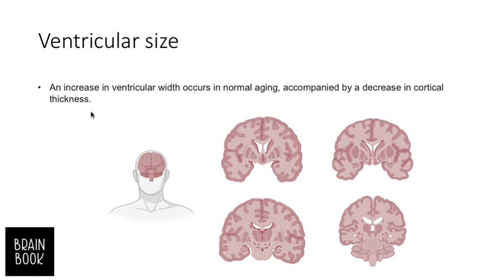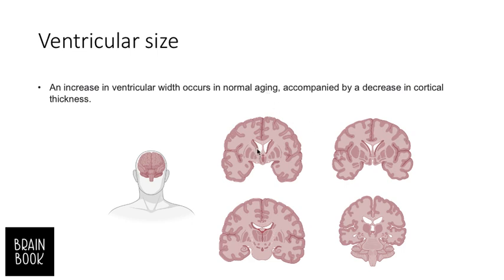As we become adults, our ventricular system in our brain will be mature and bigger. But throughout normal aging, the ventricular widths expand, and it's accompanied by a decrease in cortical thickness.